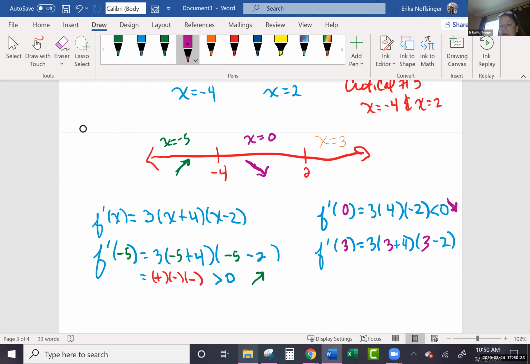So positive times positive times positive is equal to a positive, which is greater than 0. So this tells me it's increasing.